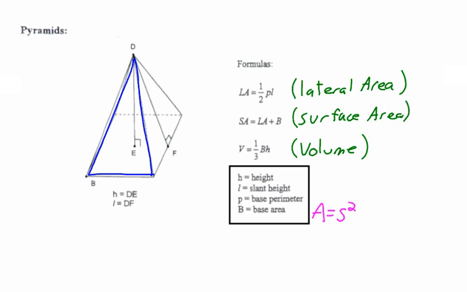Okay. The surface area is the lateral area plus the area of the bottom, the area of the base. If I was building a pyramid, say out of wood, and I wanted to know how much wood I needed to build this pyramid, I would need to include the 4 triangle sides in my calculation and the base in my calculation, because I want to put a bottom on that pyramid.